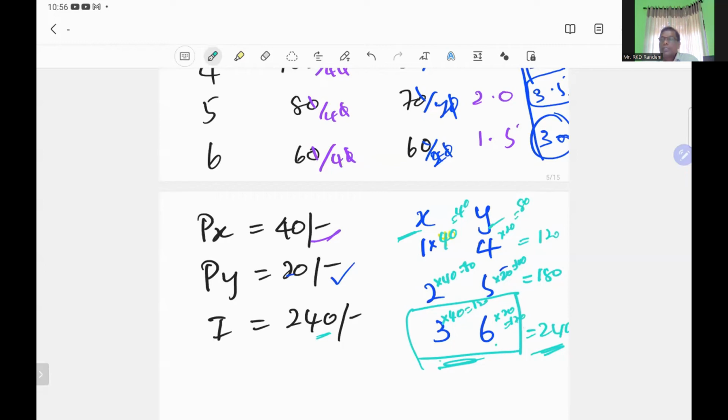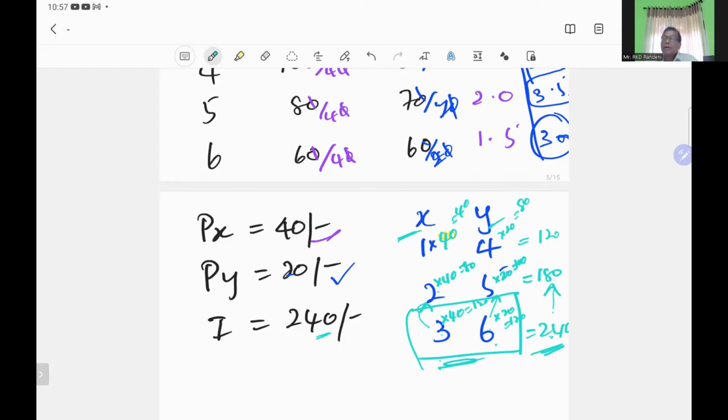Now I assume that the consumer income is reduced to 180. Then how do the consumer's income and purchasing behavior change? The income is reduced from 240 to 180. He reduces both, from 3 to 2 and 6 to 5.